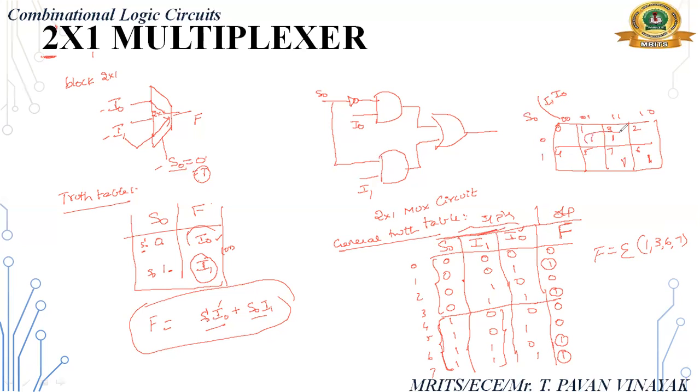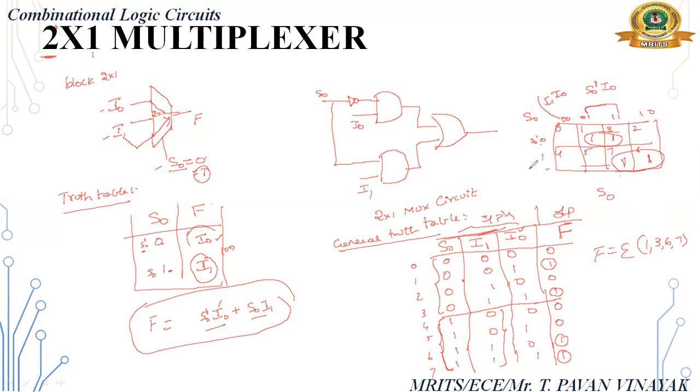So this is one pair, right? What is the value for this pair? Common terms is S naught bar. Here common is I1, I naught. So I naught. Next, this is one more pair. Common is S naught.